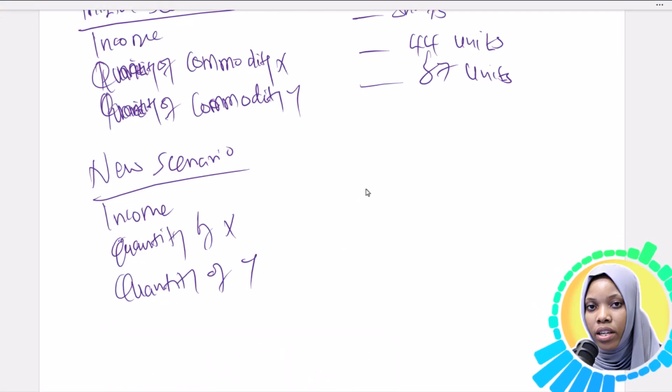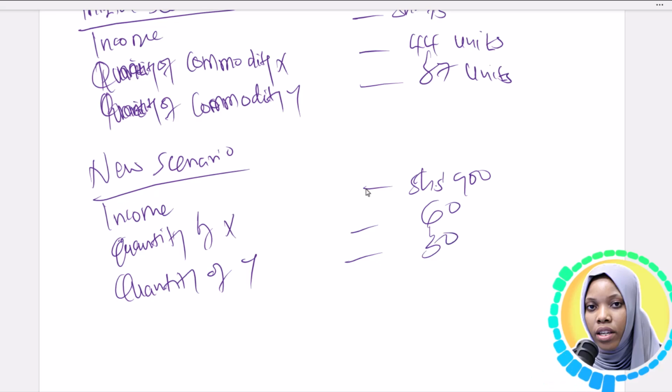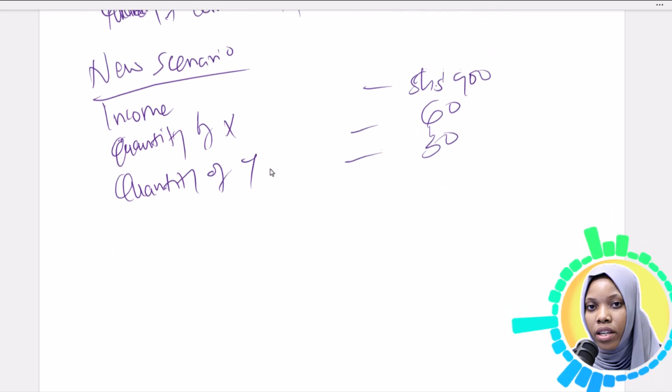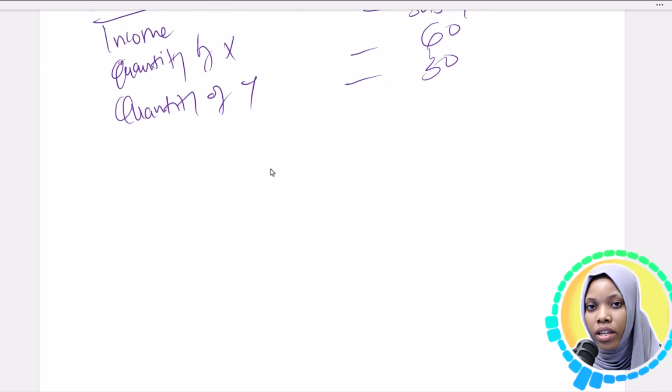So we have shillings 900, then the quantity of X is 60, and the quantity of Y is 30. Now we are required to calculate the income elasticity of demand.